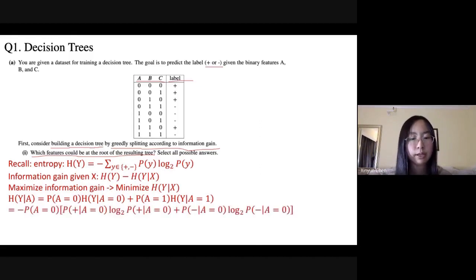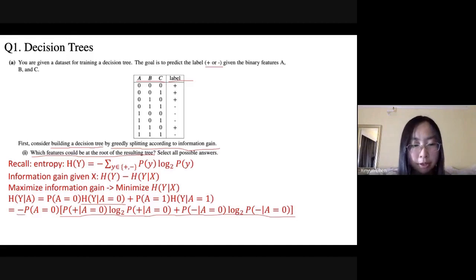Then we are going to expand these formulas. To expand the first term, the entropy of y given A equals 0, we can see that basically this term will be a minus of this expanded term.